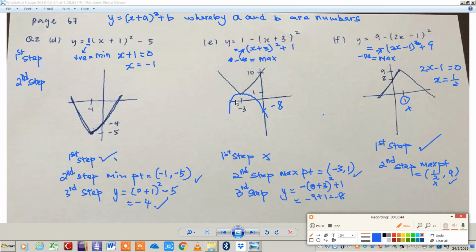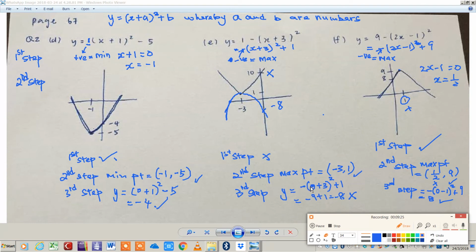This point here should be minus 8. Actually, it's supposed to be symmetrical. Okay, due to the time constraint, teacher has to pause for a while to write this down.